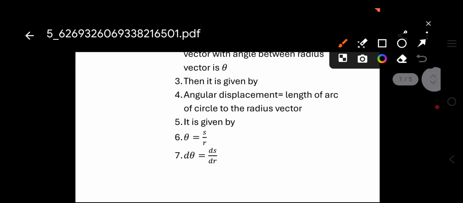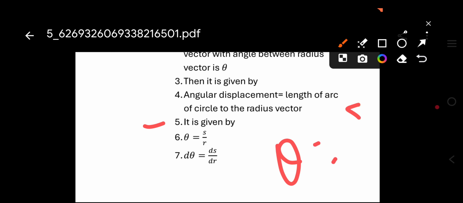In point number 5, it is given by theta equal to s upon r. Theta is the angular displacement, s is the length of arc of circle, and r is the radius of circle.